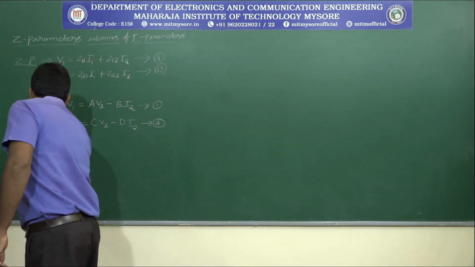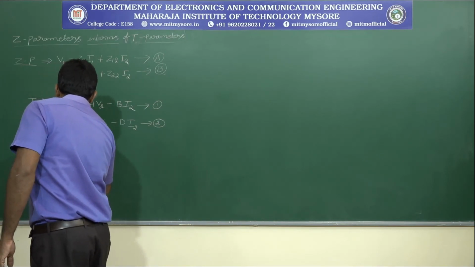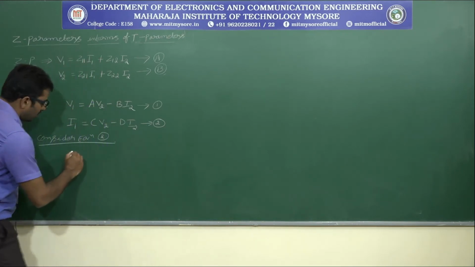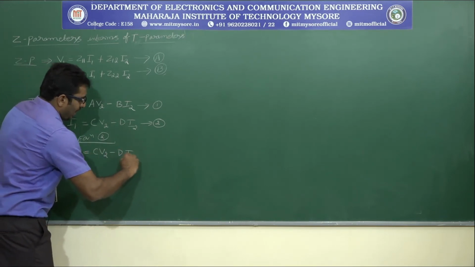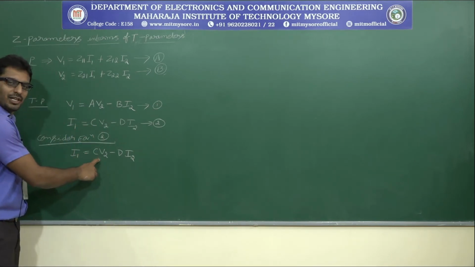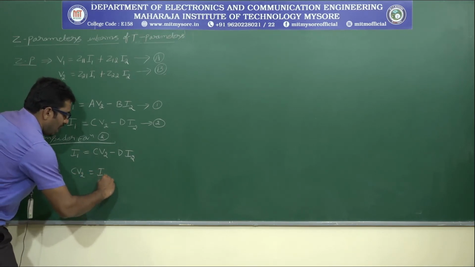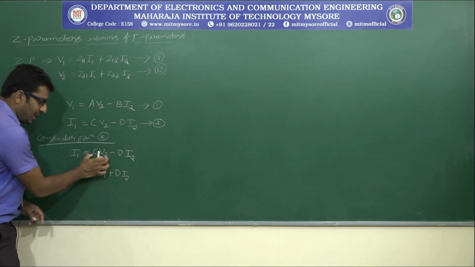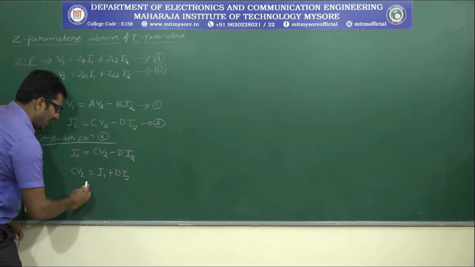Consider equation 2. What is that equation? I1 is equal to C V2 minus D I2. And get the expression for V2. C V2 is equal to I1 plus D I2.